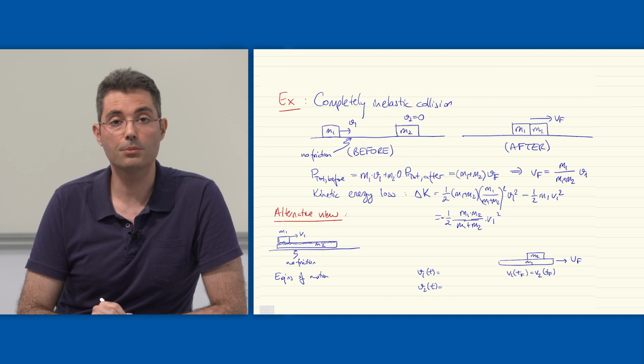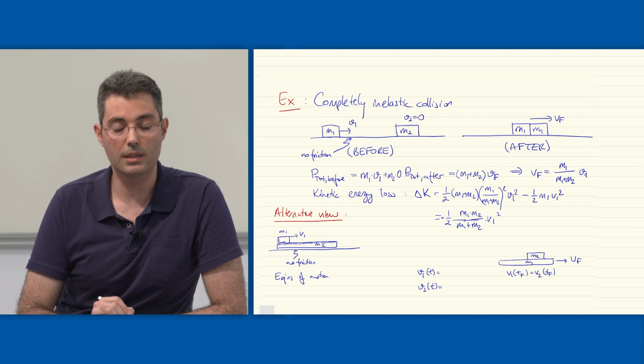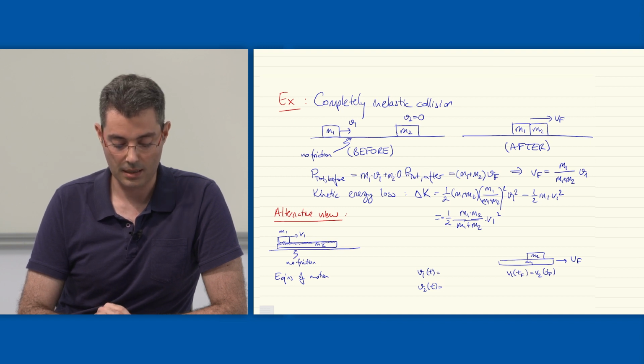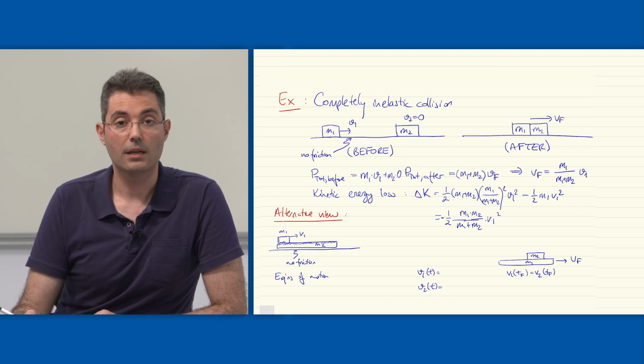Again, there is no friction between this long block and the surface. However, let's assume there is some friction between the first block and the second block. So what will happen is that as the first block slides on the second block, it will accelerate the second block, and this is going to go on up to the point where their velocities are equal.